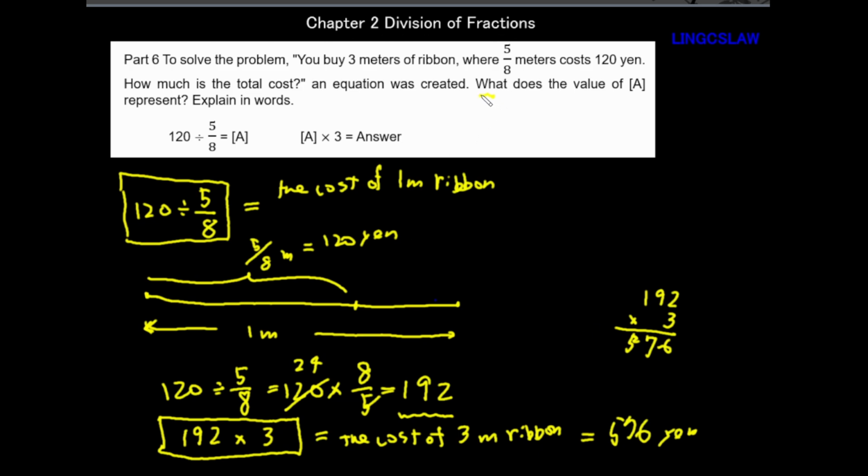The question is, what does the value of A represent? So the value of A represents the cost of 1 meter ribbon. So the answer is this one, the cost of 1 meter ribbon.